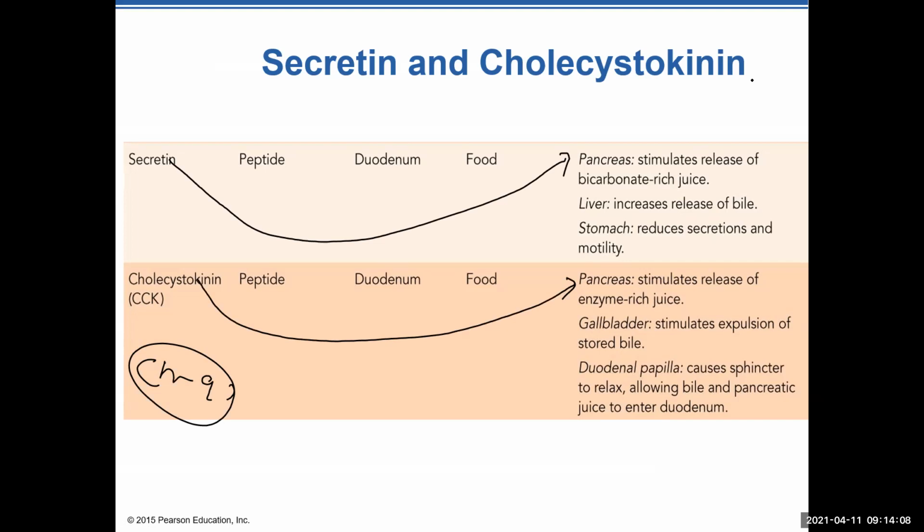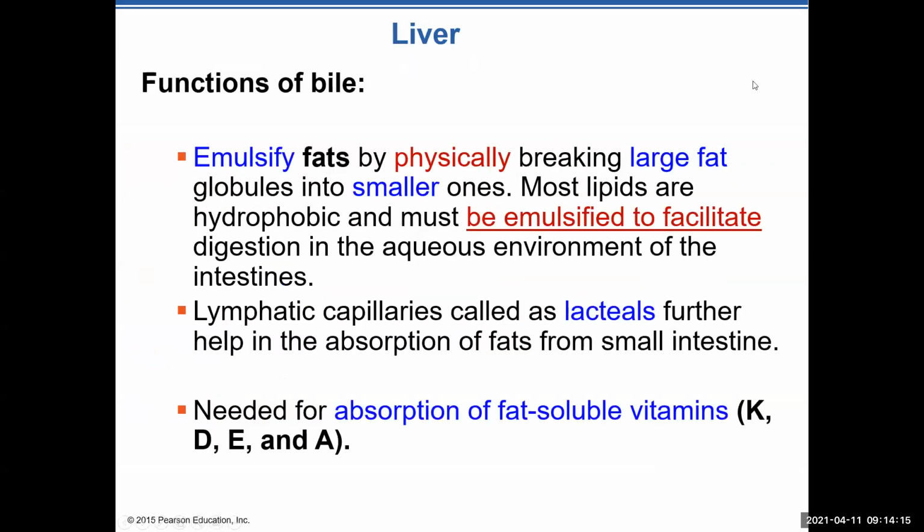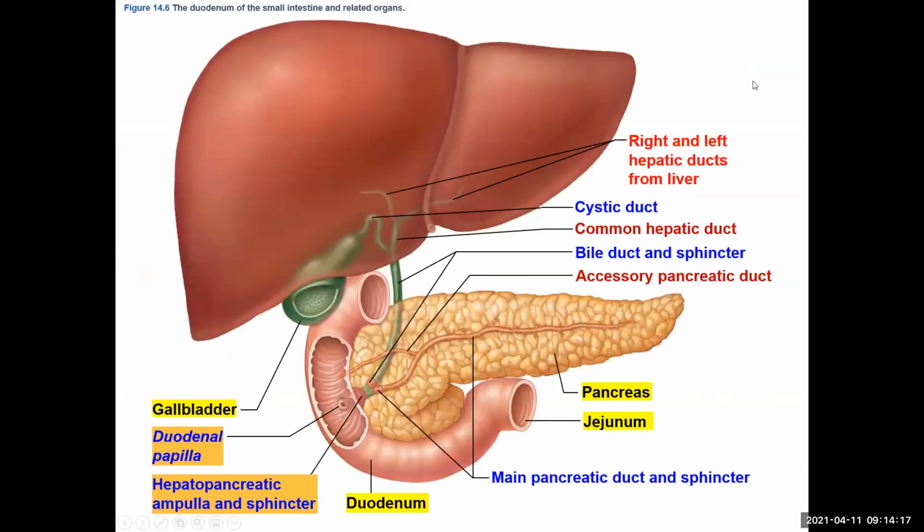It will also stimulate the duodenal papilla. What is the duodenal papilla? We'll go back to the diagram. Do you see this cup-shaped organ here? This is called the hepatopancreatic ampulla. It's like a big cup-shaped organ, a duct, you can say.